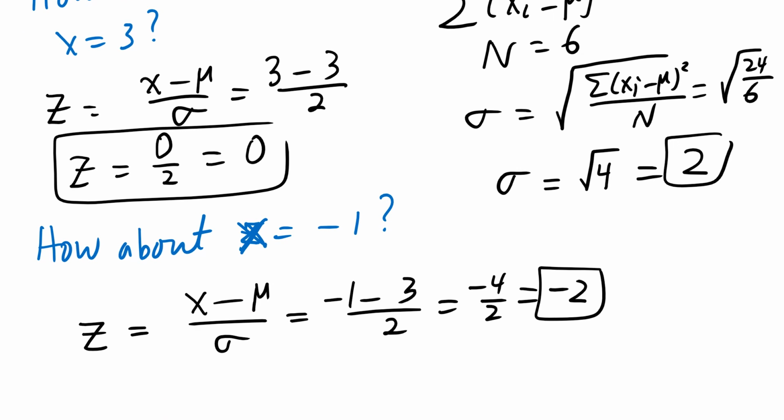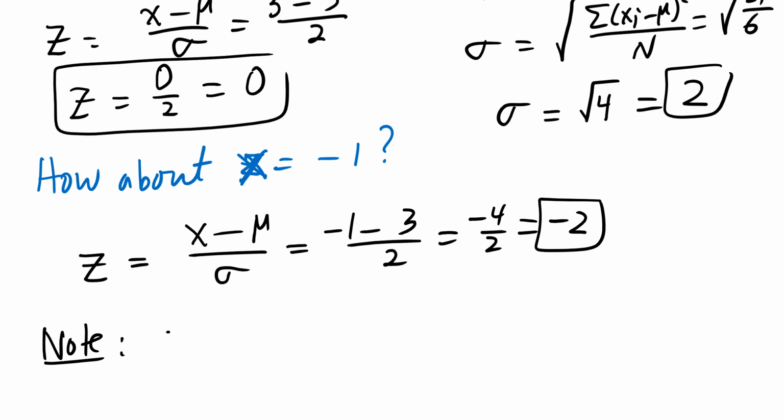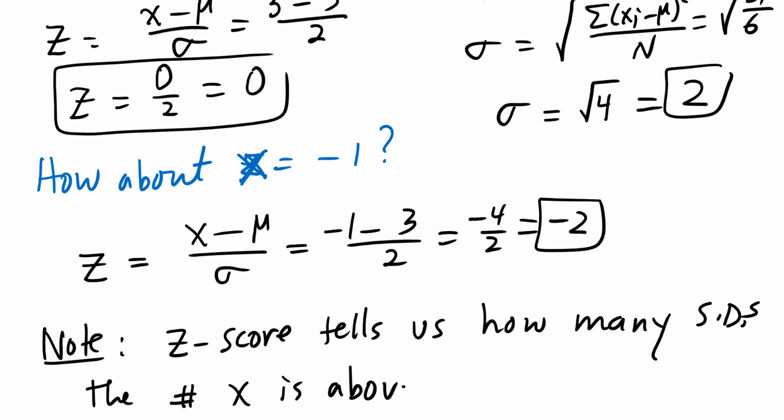So what does the standardized z tell us? Just so you know, some people call it the z-score. What does the z-score tell us? The z-score is the same thing as these z values we got. It tells us, and this is important, how many standard deviations the number x that they give us is above or below the mean.